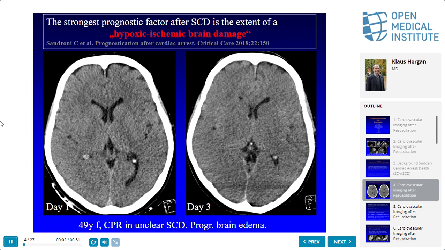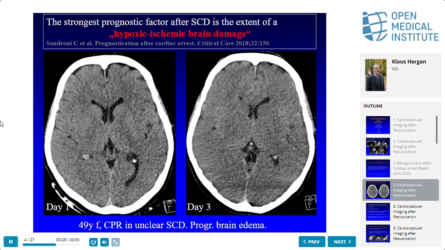The strongest prognostic factor after sudden cardiac death is the extent of hypoxic ischemic brain damage, because most of the patients suffering a sudden cardiac death don't come into the hospital, they die outside. The next group are those who have been resuscitated by people, and then you don't know what's happening with the brain.